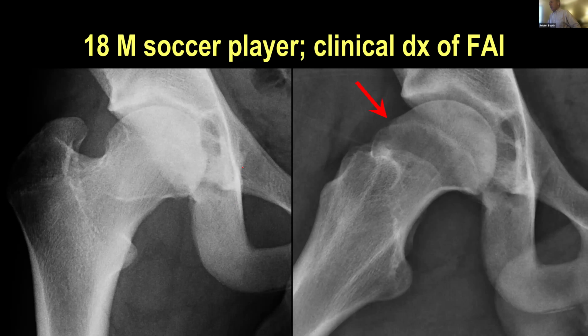We pretty much always get an MR in these patients to get a better look at the bone and the labrum and the articular cartilage and so forth. This patient actually didn't get an MR. And so it seemed like a clinical diagnosis. What could possibly be wrong? You've seen this a million times.